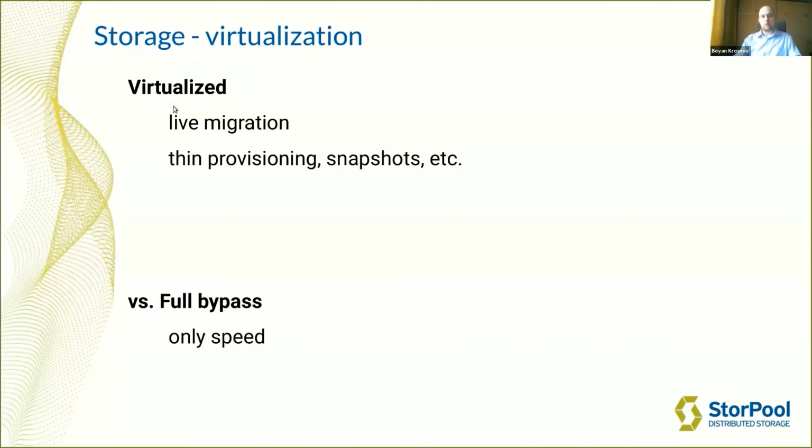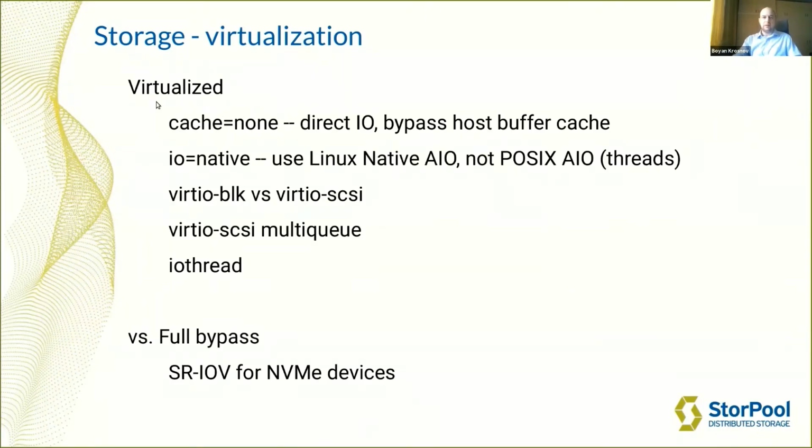So the most common approach is to use virtualized storage because it gives you live migration and high availability. In virtualized storage, nowadays the default is that there is no block caching in the host operating system. This tells the QEMU process to use direct I/O and completely bypass the host buffer cache.